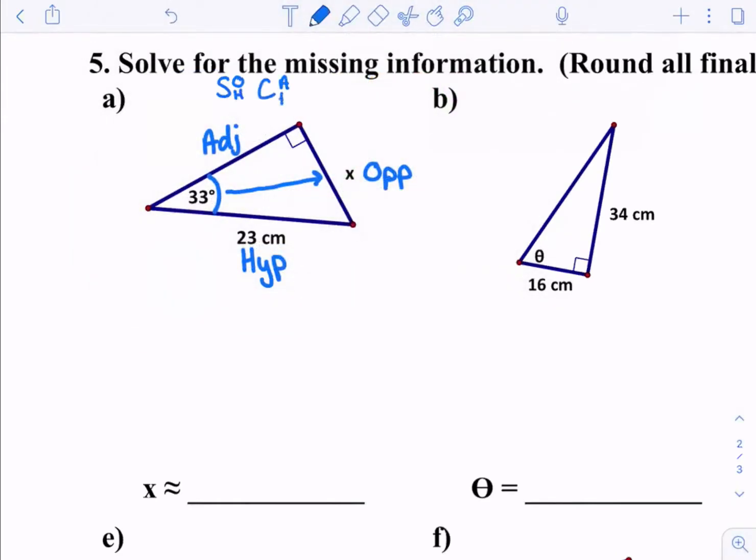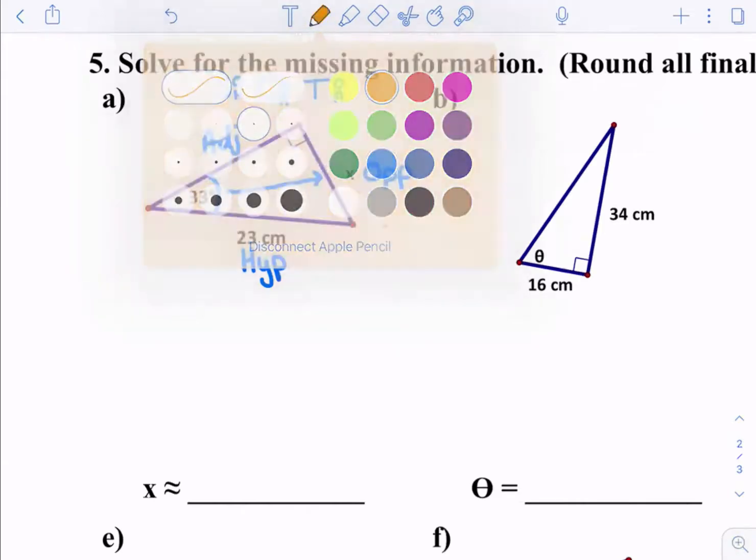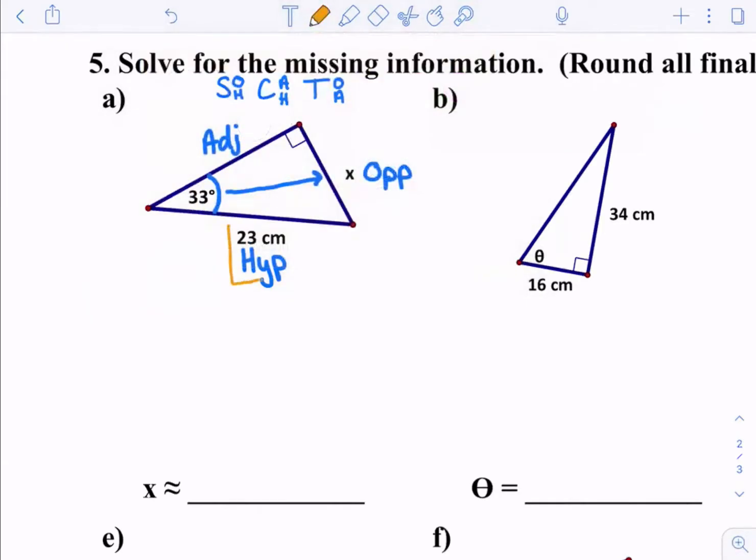SOH, CAH, TOA. Now, how do I know which one I need to use? If we pay attention here, we have the hypotenuse, and we're looking for the opposite. So which one has H and O in it, is it SOH, CAH, or TOA? Or you could tell yourself, hey, we're not using the adjacent, so anything that has an A is not going to work.